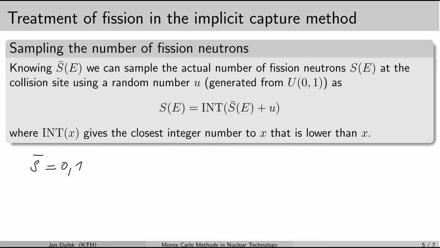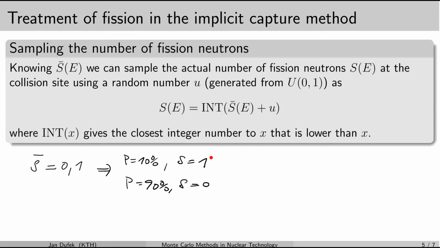So when you look at this small number, 0.1, you can see that we are more likely to sample no fission neutrons in this collision site. Actually, we can see that the chance that we sample one fission neutron is only 10%. So with the probability 10%, we sample one fission neutron, and with the probability 90%, we sample no fission neutron.